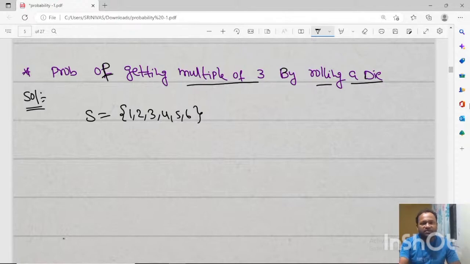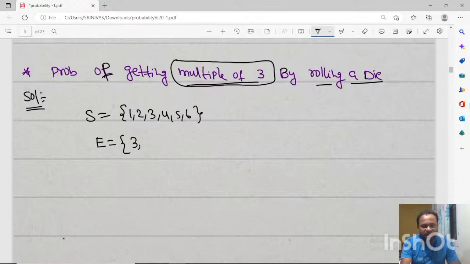By what is given, a multiple of 3 is my favorable. Suppose E, I will take multiples of 3, meaning 3 as well as 6, because 3 ones are 3, 3 twos are 6. In this only, my favorable, how many do we have? 2. Here how many do we have? 6.